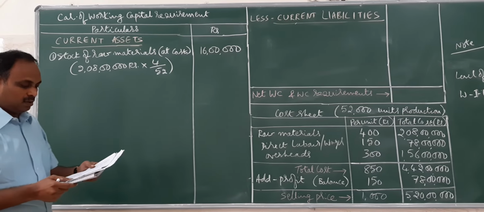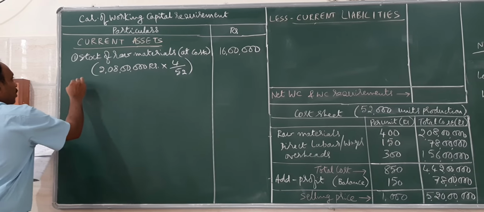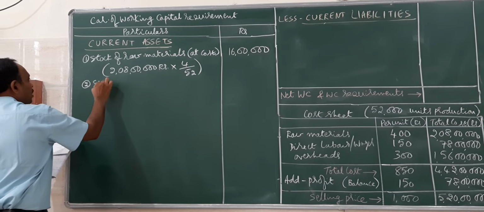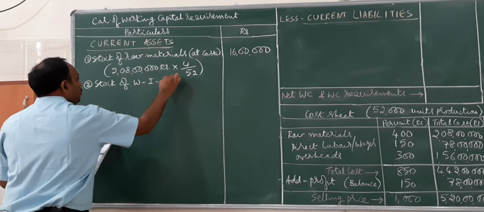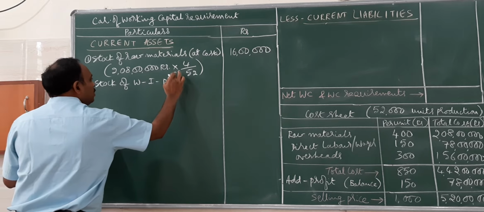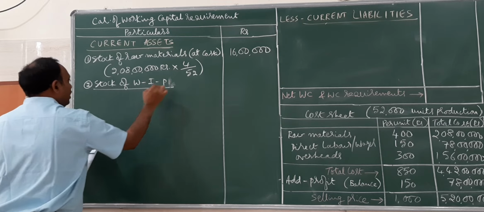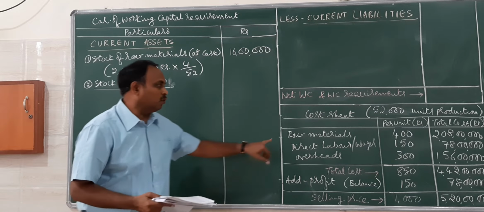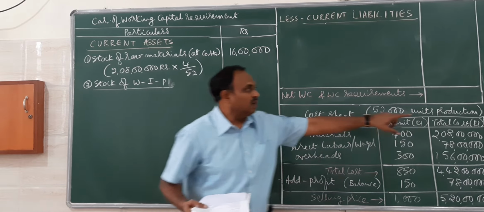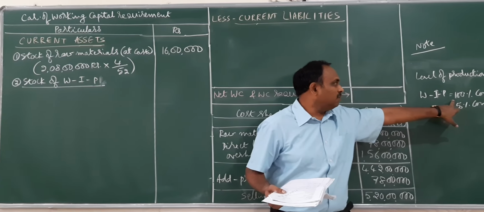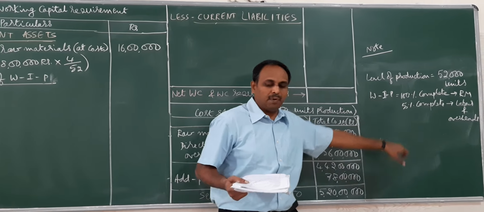The next one is work in progress. Work in progress is also a current asset. Here we have to work 3 categories: raw material separate, labor separate, overhead separate, because it is given differently. 100% for raw material, 50% for labor and overhead.